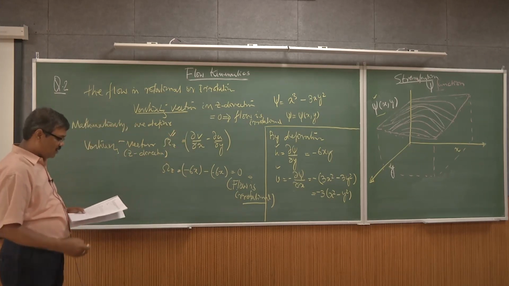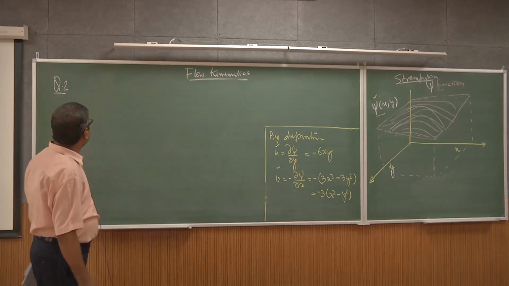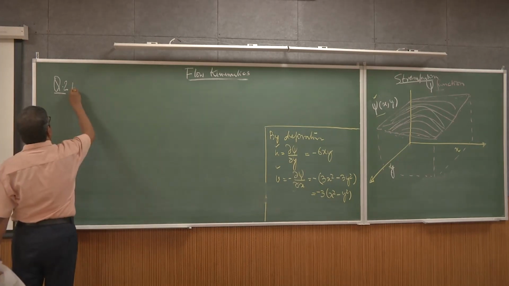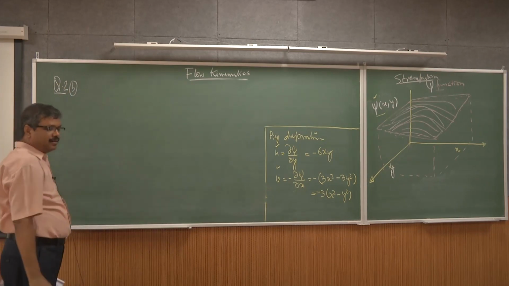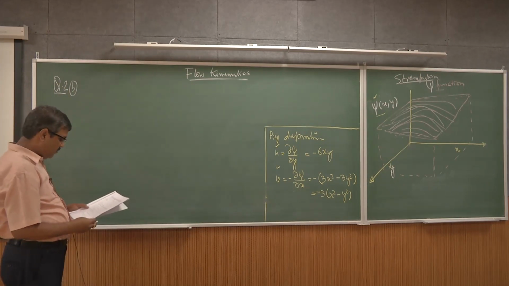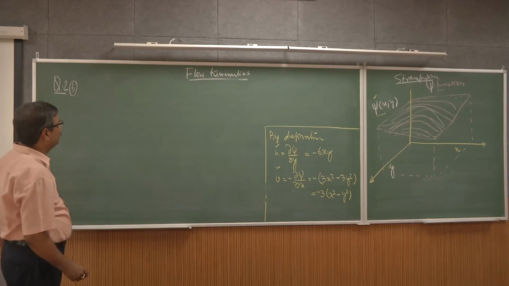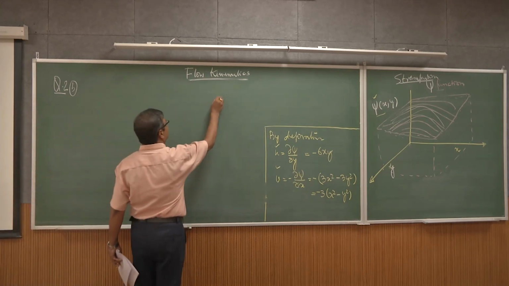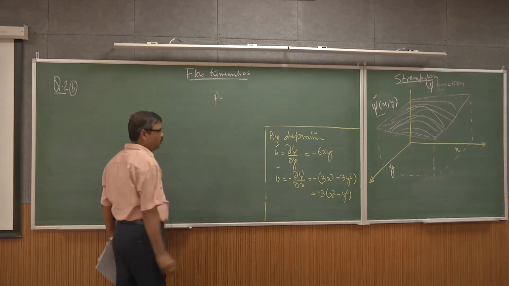So, the second part is that the velocity potential function is given to us.